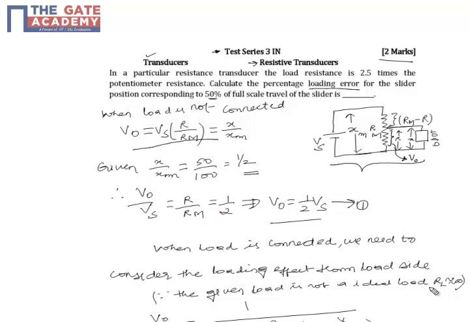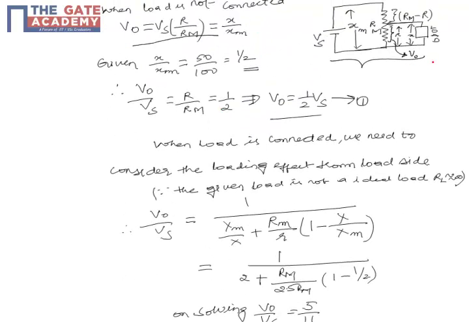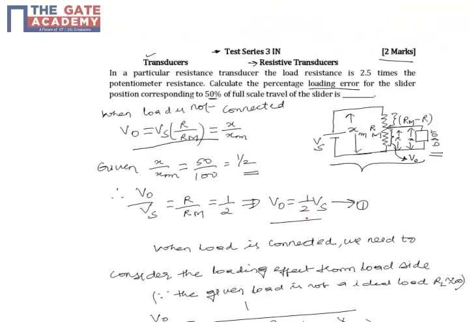Now when I consider the loading effect, the question is why the loading effect comes. Because the given load is not an ideal load, and for an ideal load we know from network theory that it should have infinite input resistance, which is not the case here, and it has a resistance 2.5 times the potentiometer resistance.